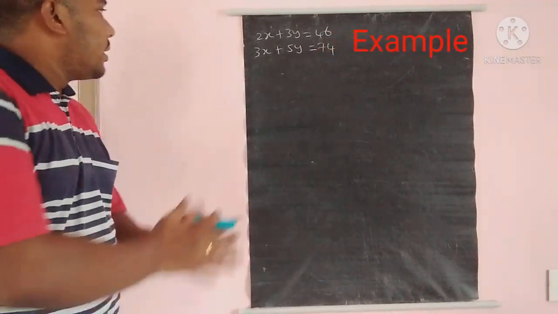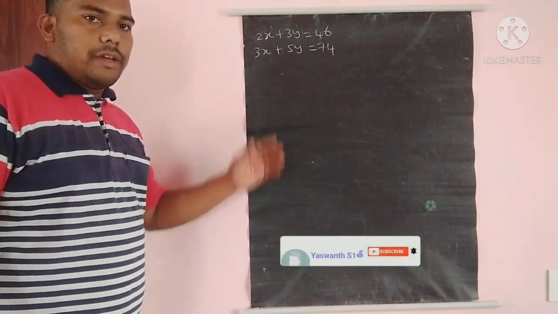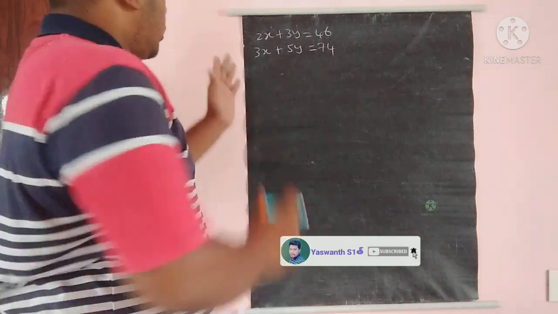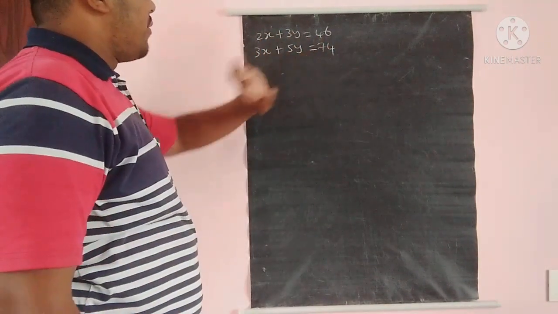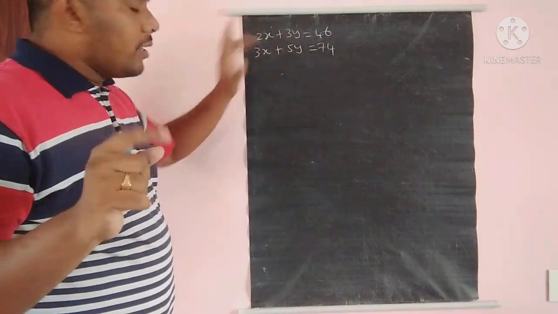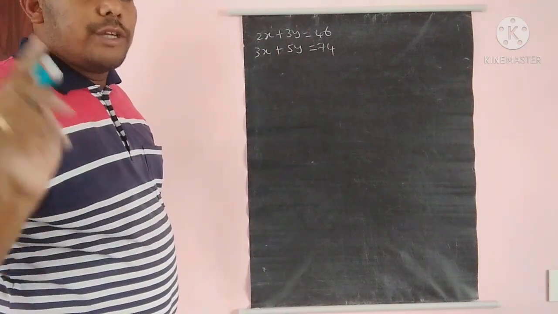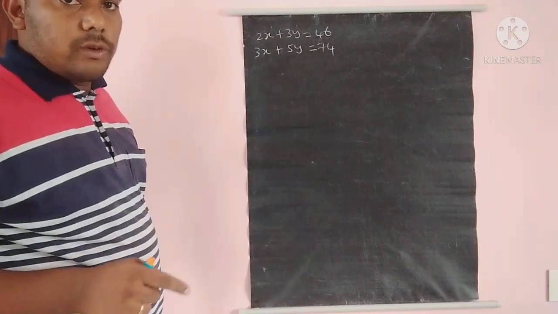Now let's see an example related to the cross multiplication method: solving the equations using the cross multiplication method. Given 2x plus 3y equals 46, 3x plus 5y equals 74. The basic rule you should remember while applying the cross multiplication method is that it should be in the form ax plus by plus c equals 0.